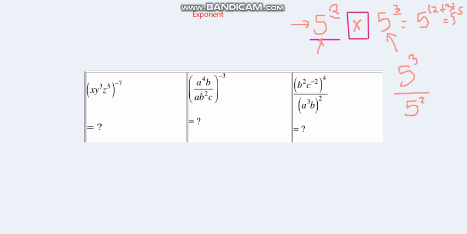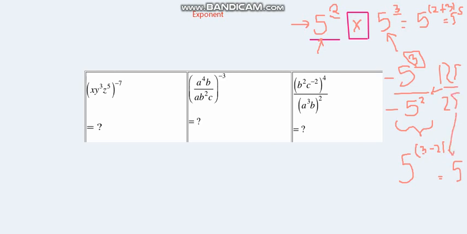You can write this whole expression as the base and the subtraction of the bottom exponent from the top exponent, so that's 3 minus 2, which would be 5 to the first power. And this works, as you'll see, because 125, that's 5 cubed, divided by 25, we get exactly what we got.